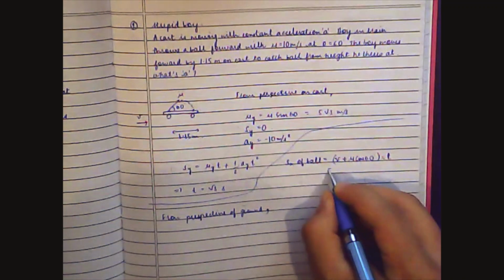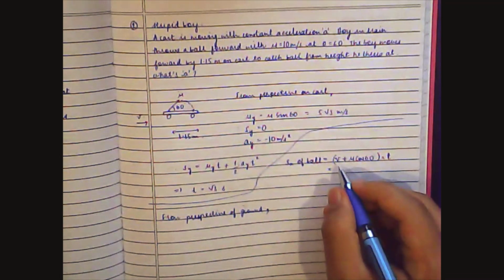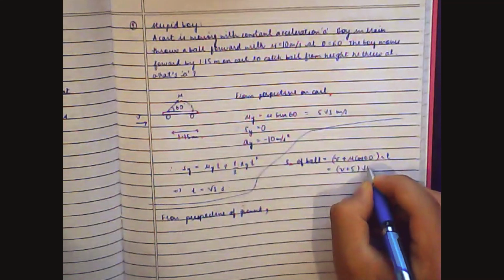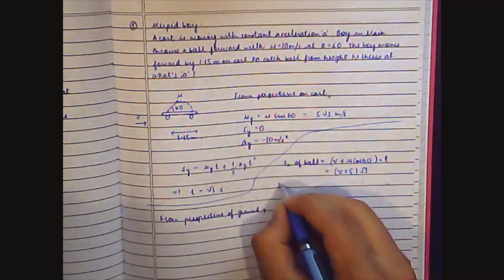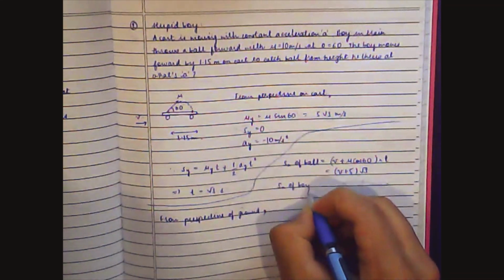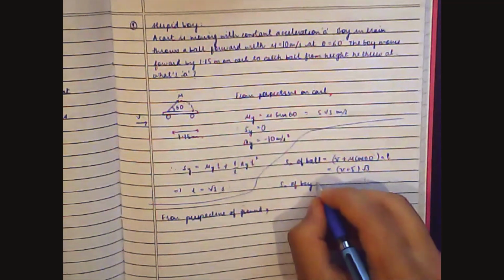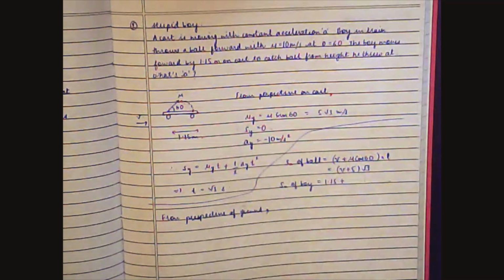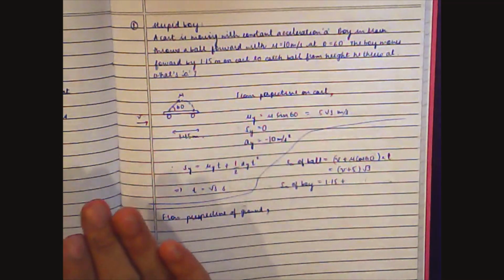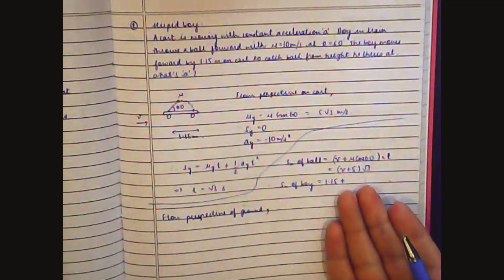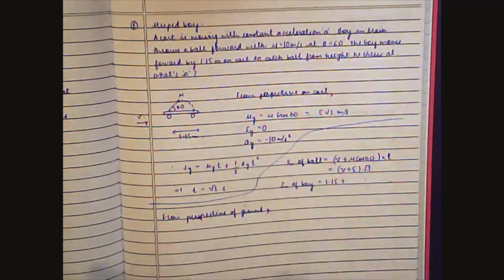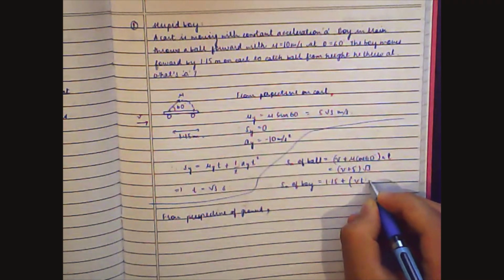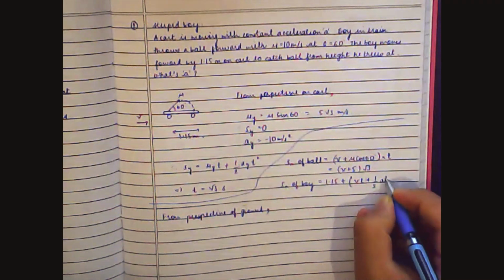So Sx of ball will be v plus 5 into root 3. Now Sx of boy, right, in total equals to 1.15, which he moves on the cart, plus the distance the cart covered in time t, which will basically be vt plus half at square.